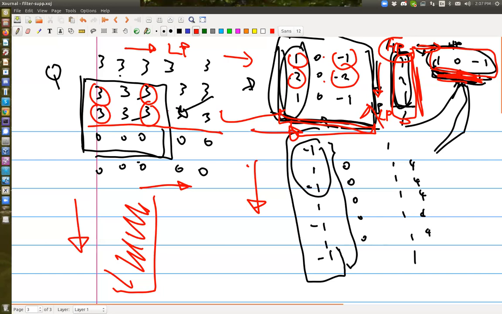That's the whole point: this filter only catches vertical edges, but not the horizontal edge. So this filter doesn't catch this horizontal edge. It will only catch the vertical one.